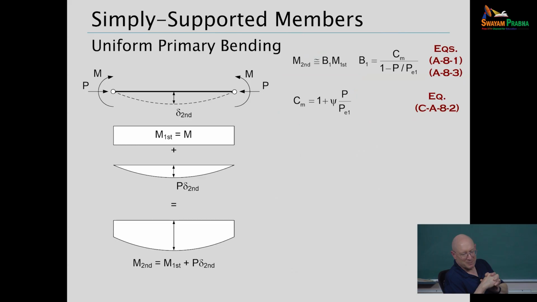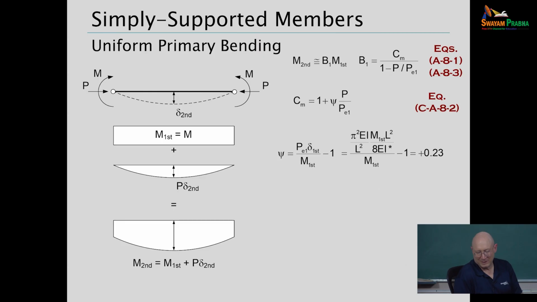Again, let's drill into C sub M a little bit further. And so again, that C sub M is 1 plus psi times P over PE1. Well, for this member that's subjected to uniform bending, we can calculate delta first without much trouble. That's M L squared over 8 EI. PE1 is again pi squared EI over L squared.